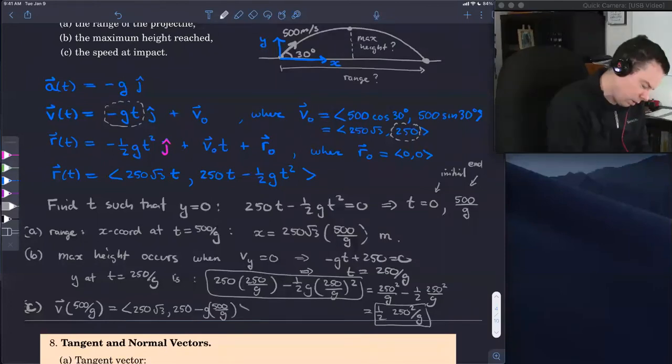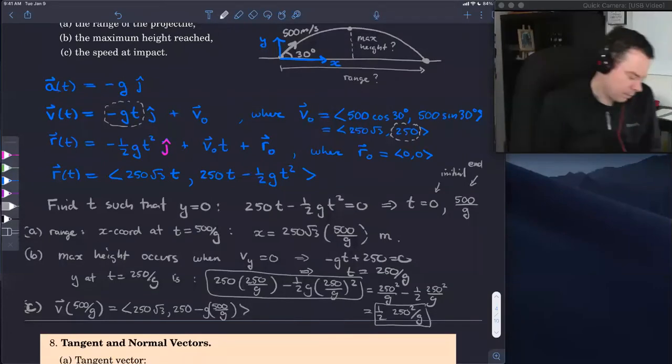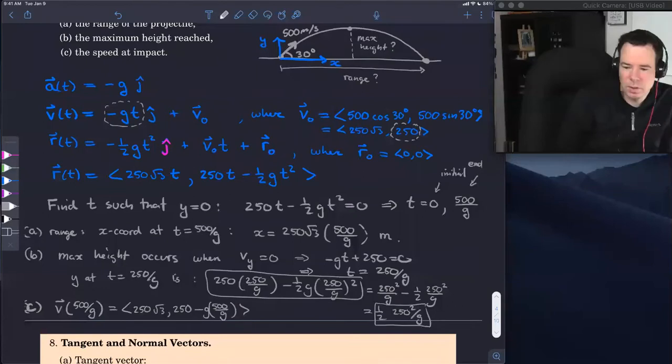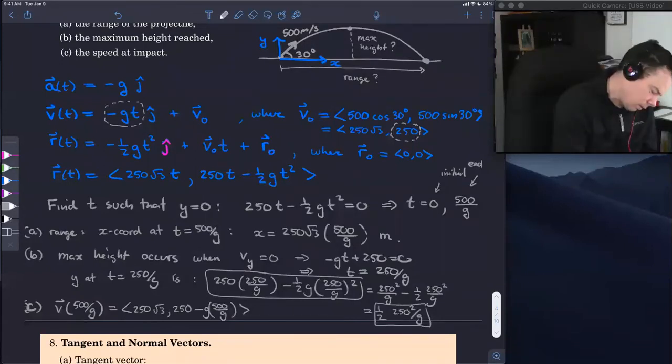So that's just plugging the final time 500 over g into our velocity vector function. And in this case, it becomes 250 root 3 and negative 250.